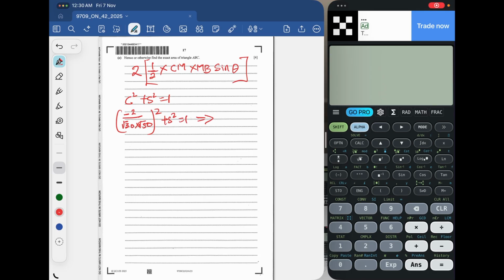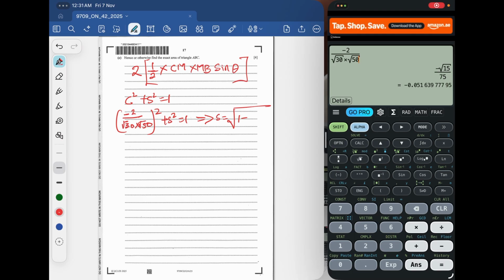So s will be the square root of 1 minus that, so I just press that in the calculator.